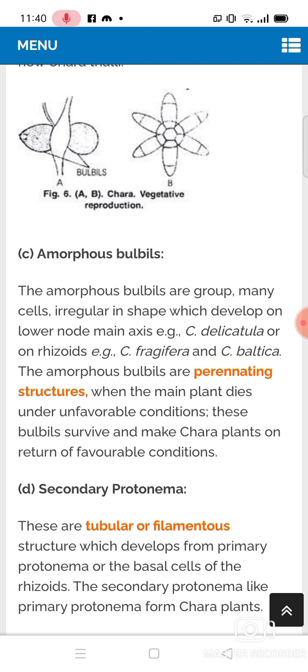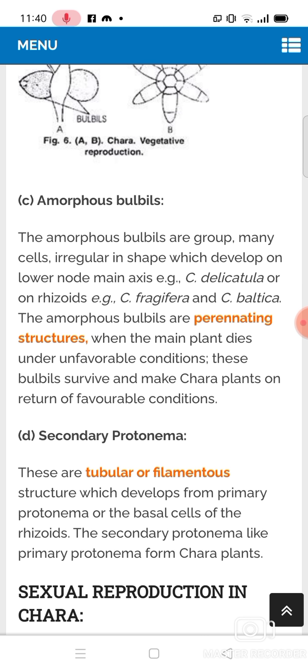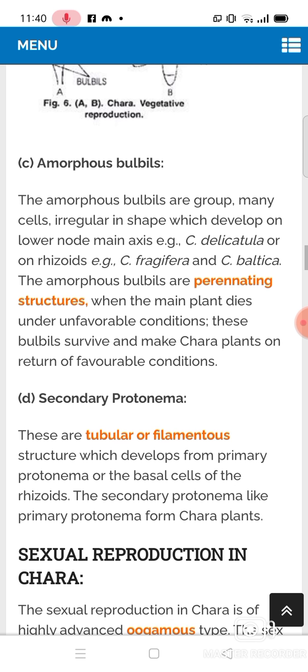Amorphous bulbils are perennating structures. And what is meant by perennation? Perennation is the ability of organisms, mostly plants and algae, to survive during unfavorable conditions like drought when there is no water, or harsh environmental conditions when the temperature is too high or too low.